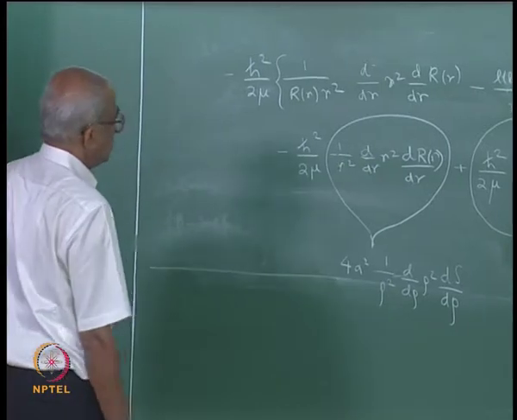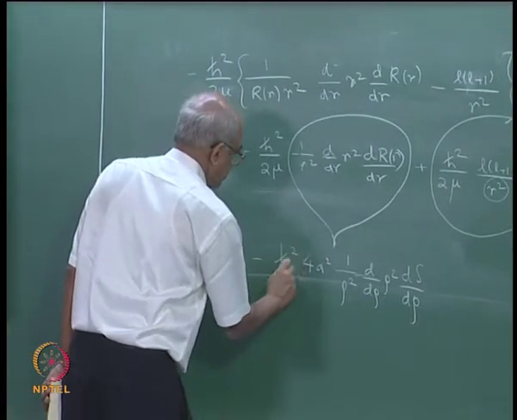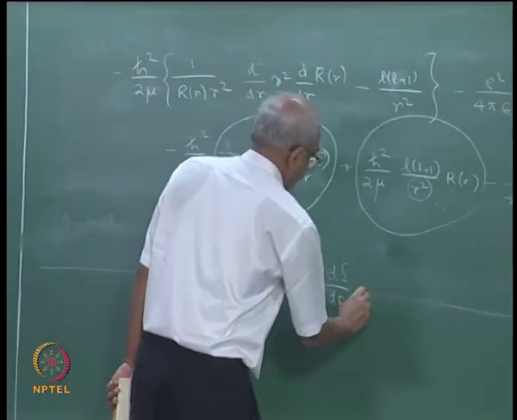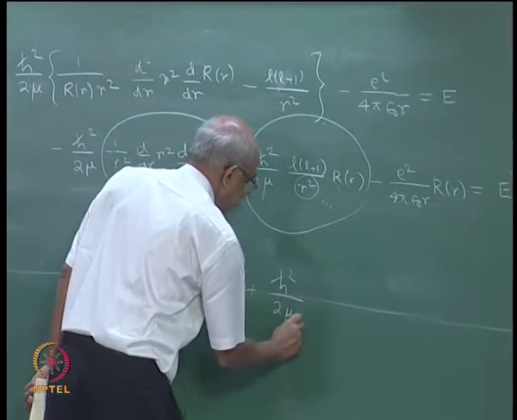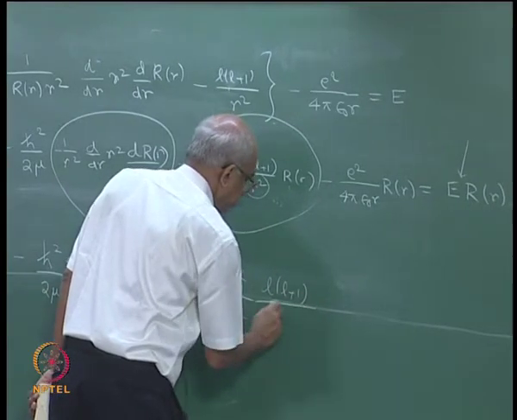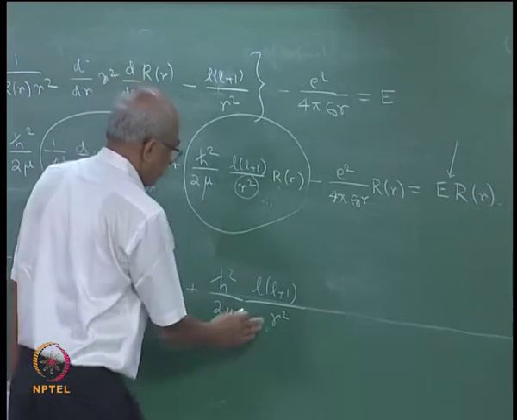Okay. And you have this minus h cross square by 2 mu, then you have plus h cross square by 2 mu L into L plus 1 divided by r square, well this r square I would like to replace with rho.